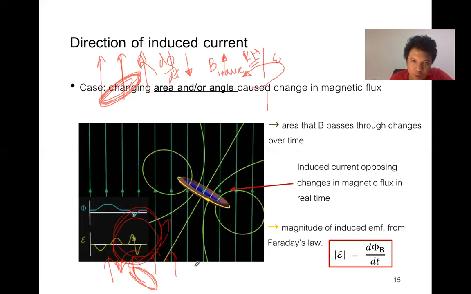So when the coil is turning up, we see that the magnetic flux is increasing. So with increasing magnetic flux, the induced magnetic field will go down. So using the right-hand rule, we have that the direction of the EMF will go in the opposite way.